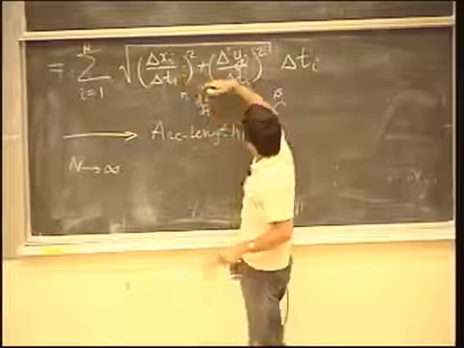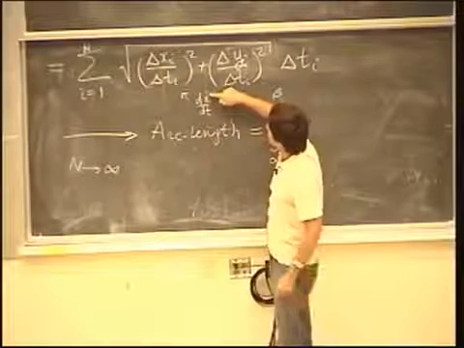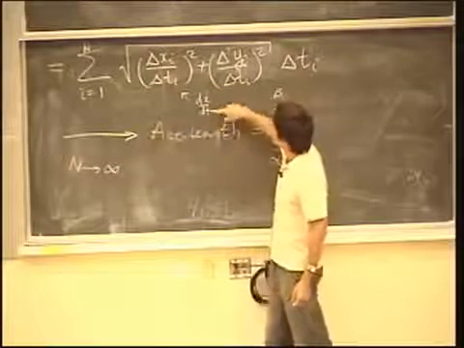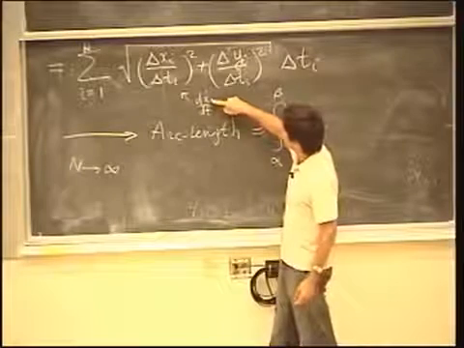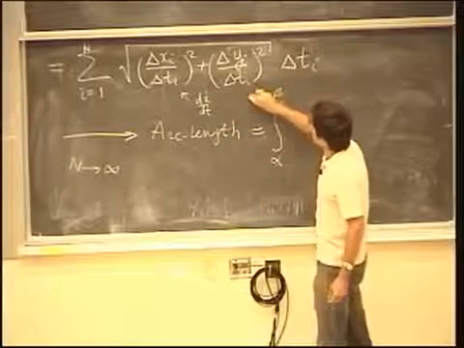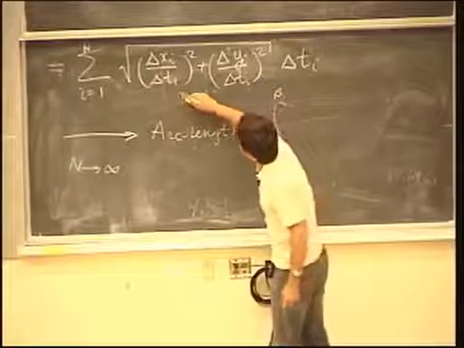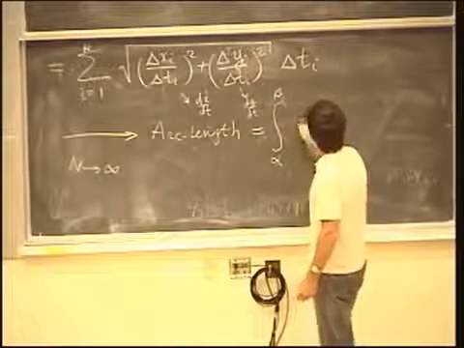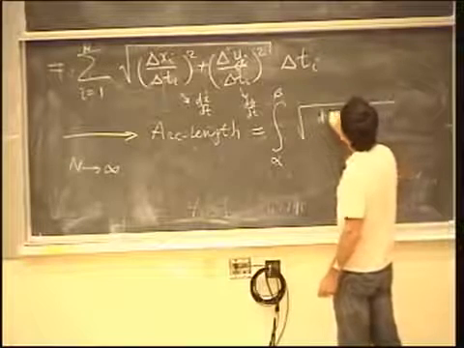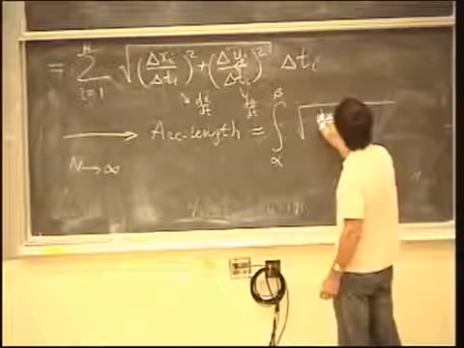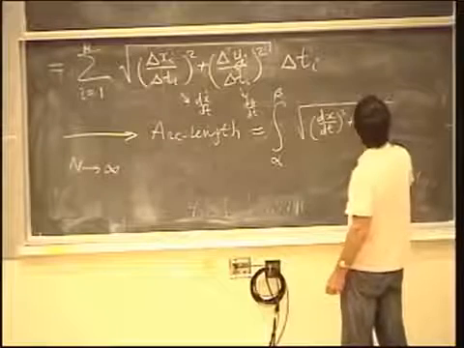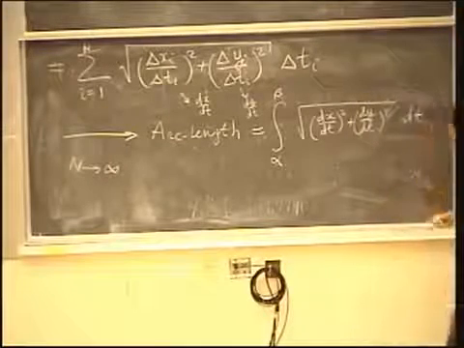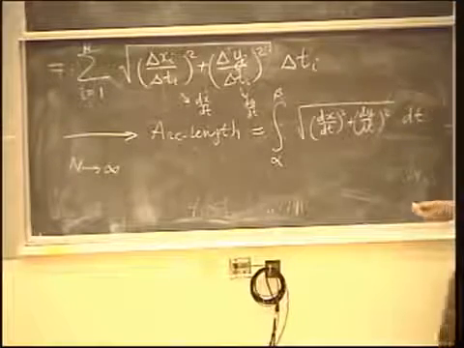This is well approximated for finite n, but in the limit becomes equal to dx dt, the derivative of x with respect to t. And likewise, this one becomes dy dt. So this whole thing becomes dx dt squared plus dy dt squared, dt. And that's the formula which I wrote down at the end of last lecture.